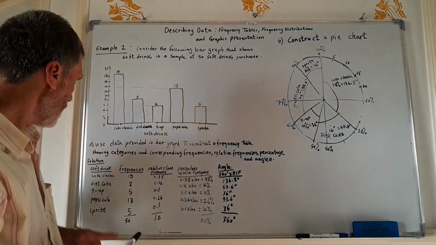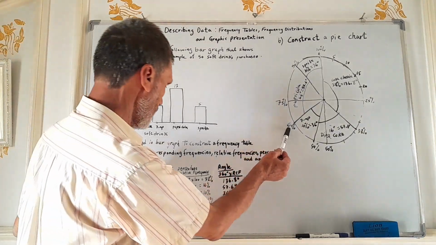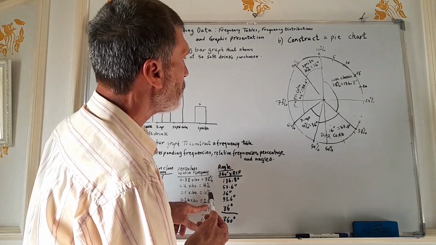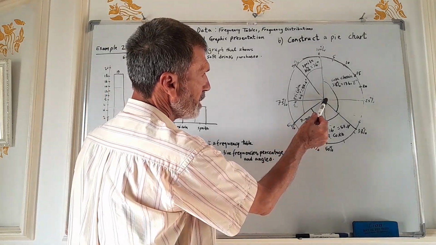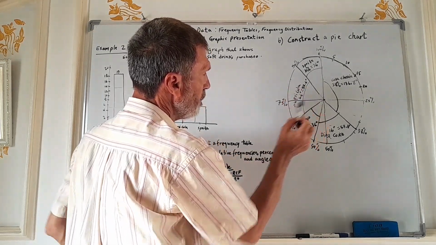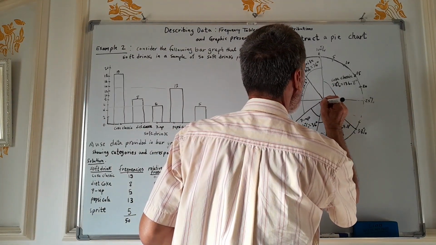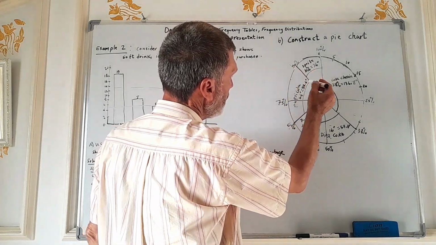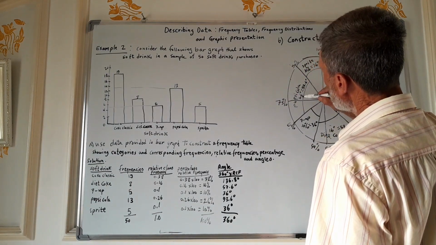Now, to draw the fourth slice, we add 26% to 64%, and we come up to 90%. So we draw a line from the center of the circle to 90%, and the slice between 64% and 90% is related to Pepsi Cola, which is 26%.